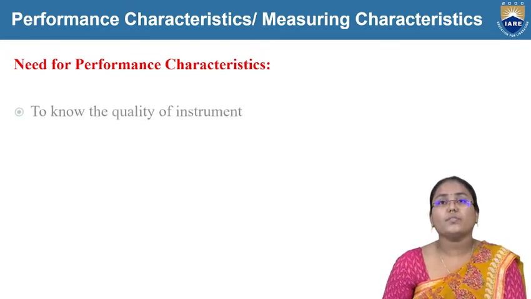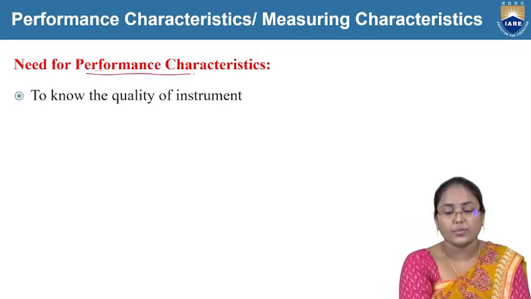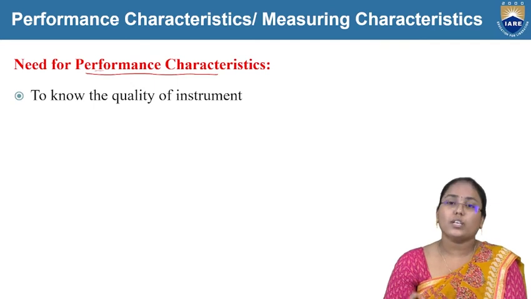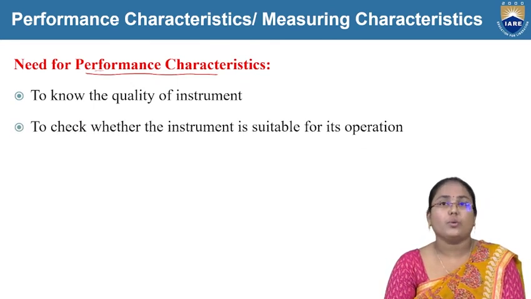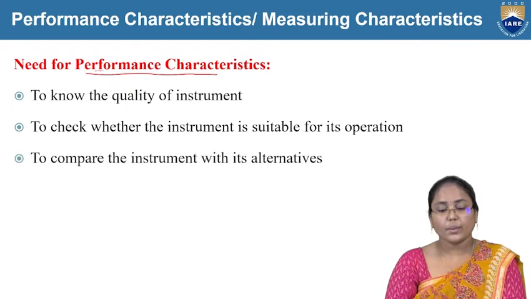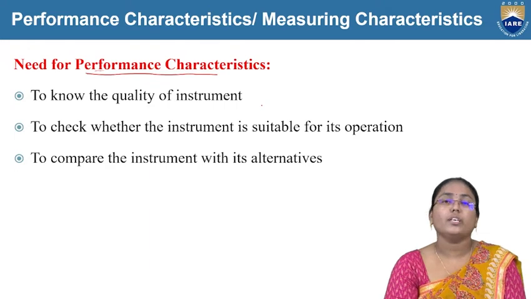So what is the need for measuring the performance characteristics? It is to know the quality of the instrument, to check whether the instrument is suitable for its operation, and to compare the instrument with its alternatives. Now looking at the first one, that is to know the quality of the instrument.